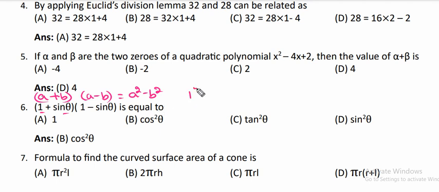That gives you 1 square minus sin square theta, which means 1 minus sin square theta. 1 minus sin square theta can be written as cos square theta by using the identity. So therefore the answer is cos square theta. Option B is the correct answer. Then we move on to the next one.